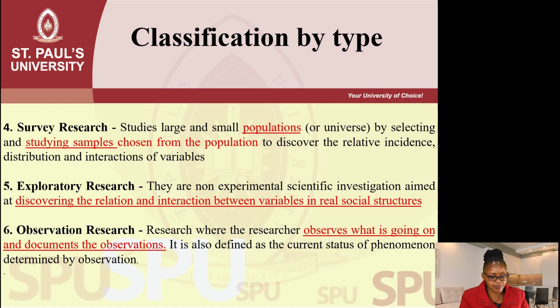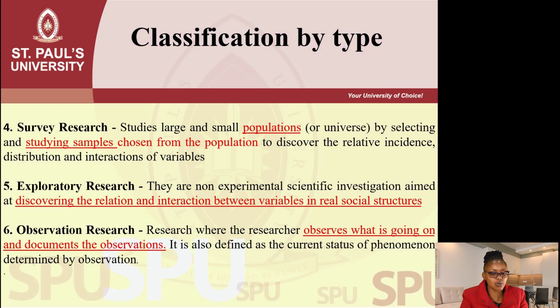The next one is exploratory research. We are saying that these are non-experimental scientific investigation methods, aimed at discovering the relations and interaction between variables in real social structures. So exploratory is a method of trying to explore.